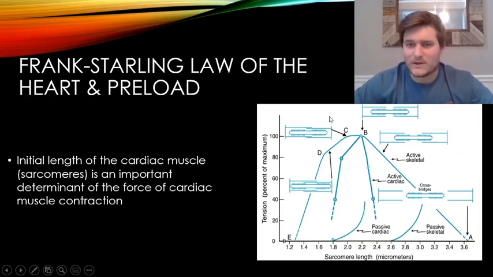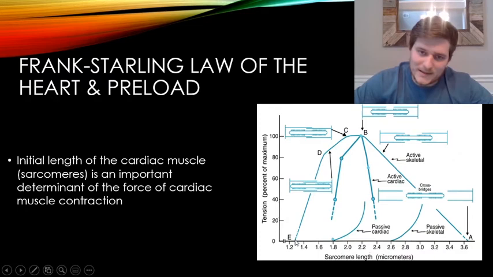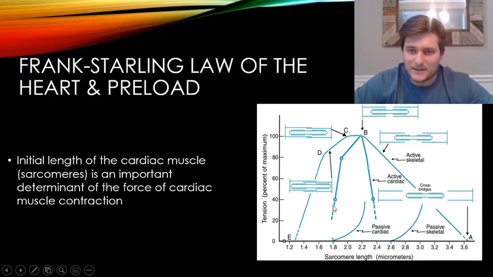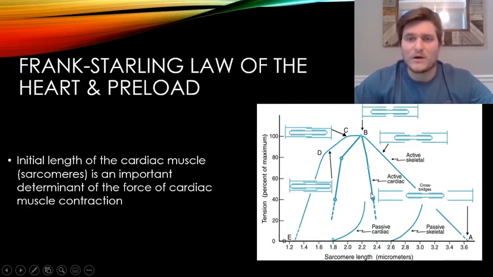So in this figure here, to the right, you could see the relationship between length and tension in skeletal muscle, which is these lines to the outside, and then the lines on the inside here describe that relationship within cardiac muscle. So let's focus on that one.